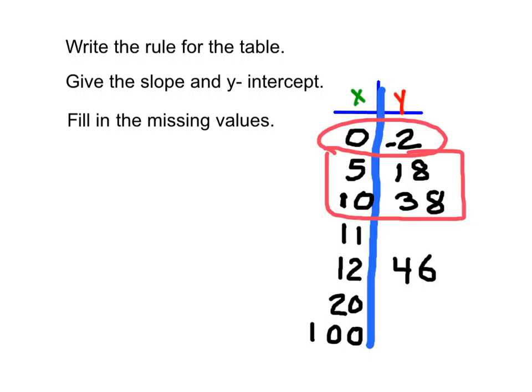I know that I'm going to have to subtract 2 as part of my rule, but I'm also going to be multiplying x by the growth rate. So if I just experiment here, I can multiply 5 by a number to get it close to 18, and that would be 4. If I go 5 times 4, that's 20, and then subtract 2, that would give me 18. So let's see if it works for 10. 10 times 4 is 40, subtract 2 is 38.